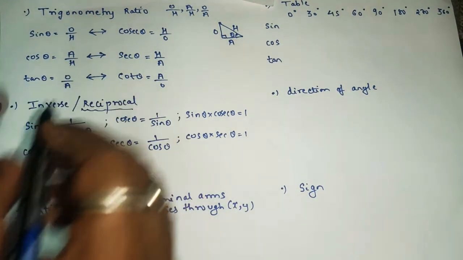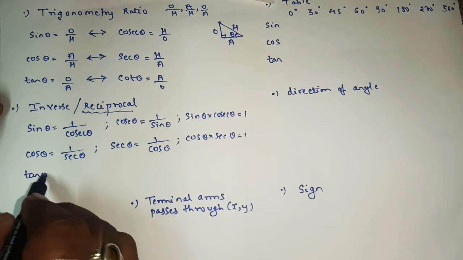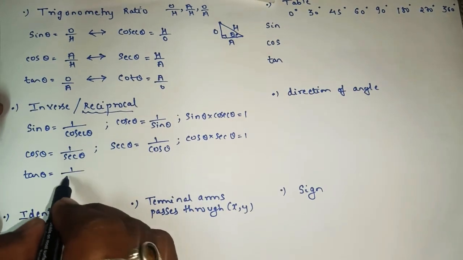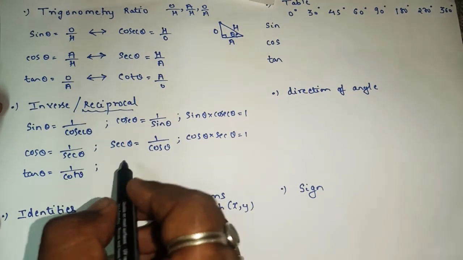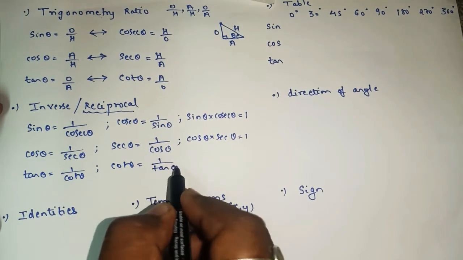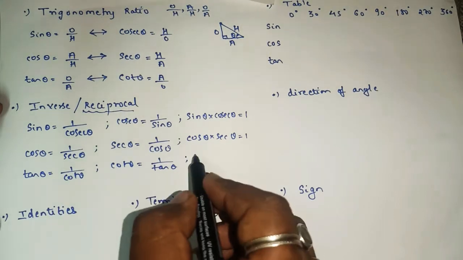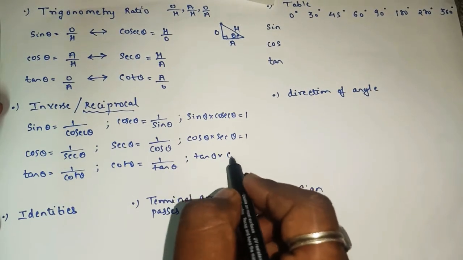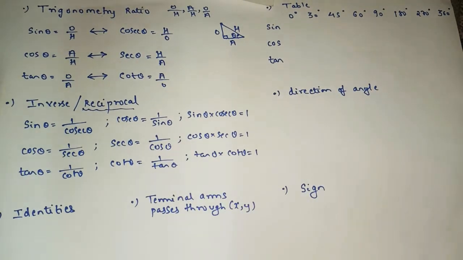In the same way, there is a relation between tan and cot. So tan theta equals 1 upon cot theta, and cot theta equals 1 upon tan theta. Shift this cot, so tan into cot equals 1.